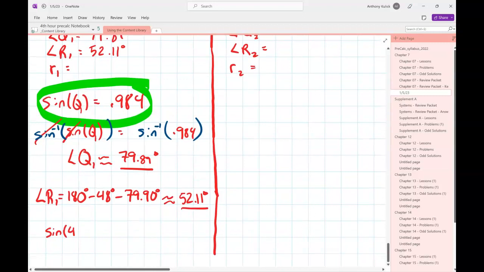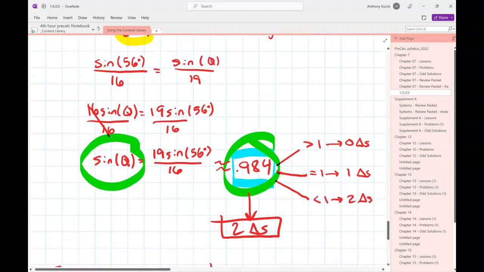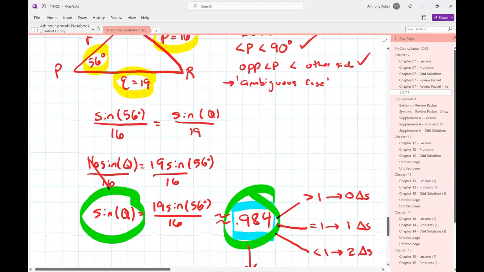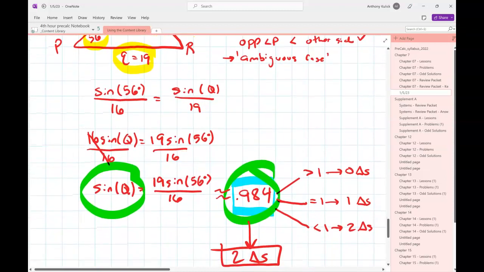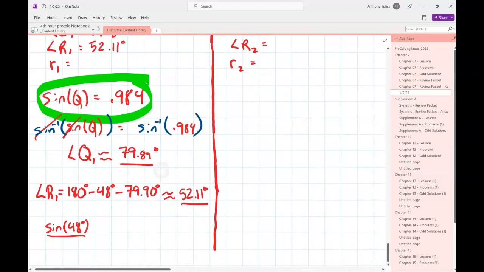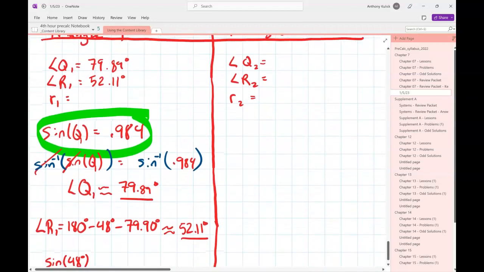So I'll do sine P over p. Shoot, was that 10? What was that again? Oh boy. Look at that. It was 56, not 48. What did I remember? Hold on a second.